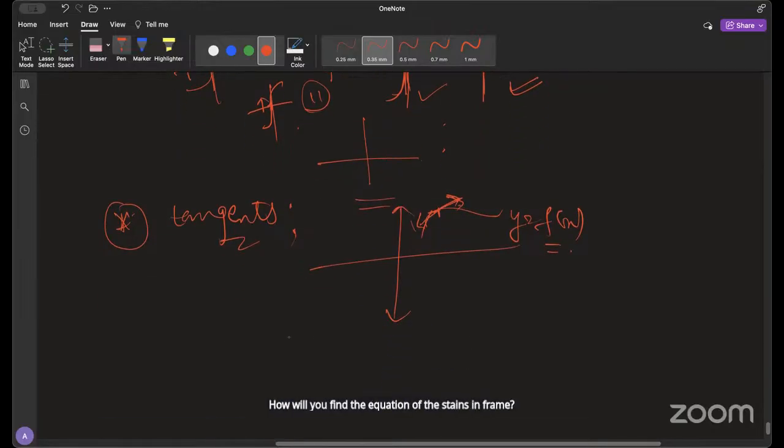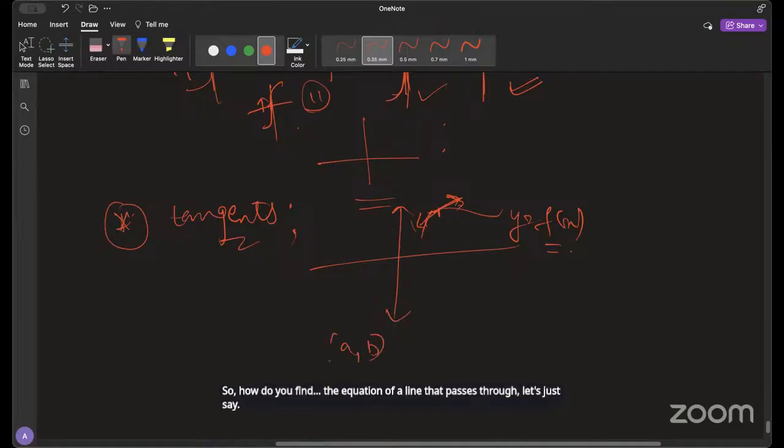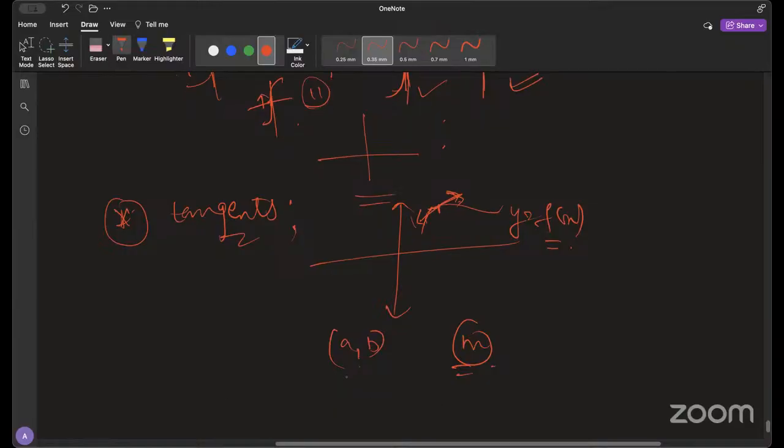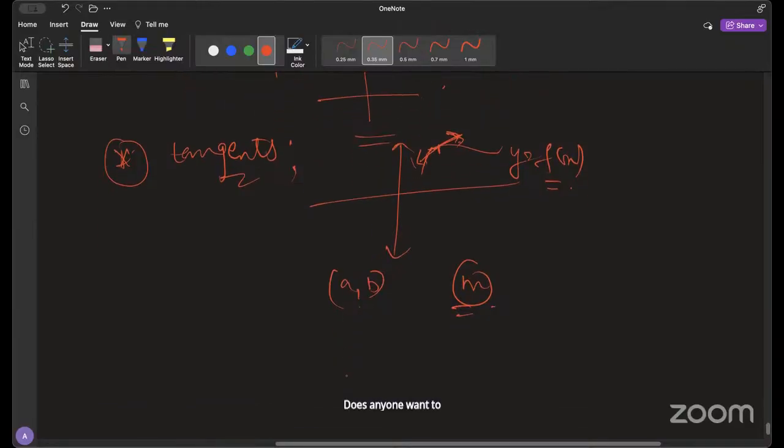So how do you find the equation of a line that passes through, let's just say (a, b), and it has a slope m? Does anyone want to answer this? Ma'am, y minus y naught equal to m bracket x minus x naught. It passes through this point, so it should be this.